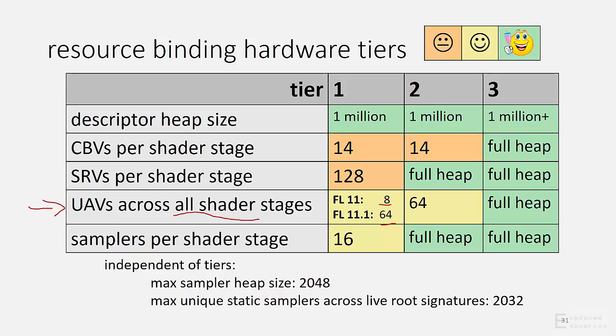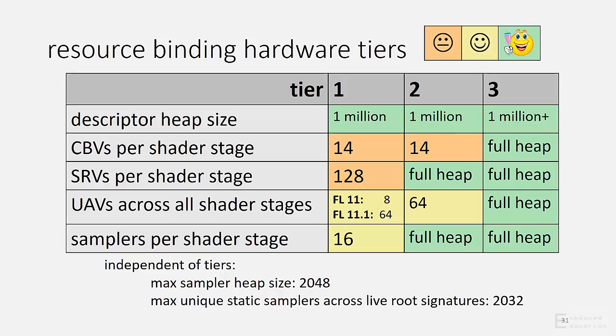So for feature level 11 hardware, that's resource binding tier 1, if the vertex shader had visibility of 4 UAVs and the pixel shader had visibility of 5, that would be 9 UAVs in total, which exceeds the limit of 8. So it's a sum total across all shader stages as opposed to per stage for the other descriptor types.